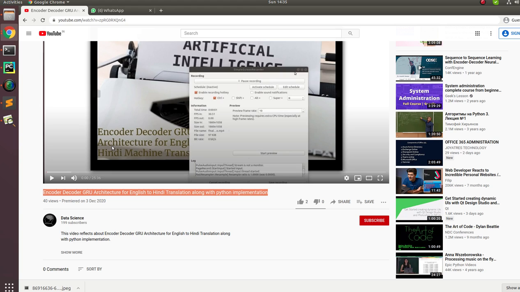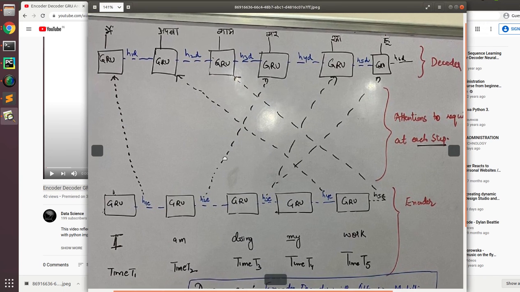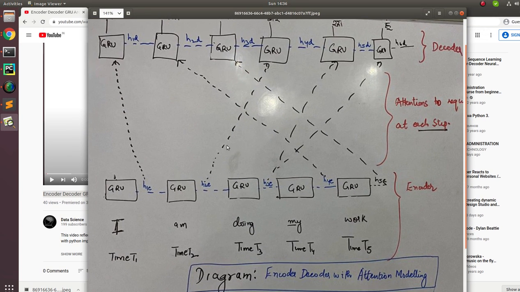task where the variable input and the variable output is implemented using RNN, that is a recurrent neural network. In this video, we will see what the drawback of that model is and how we can improve it. So this is a simple diagram which I have plotted on a whiteboard.